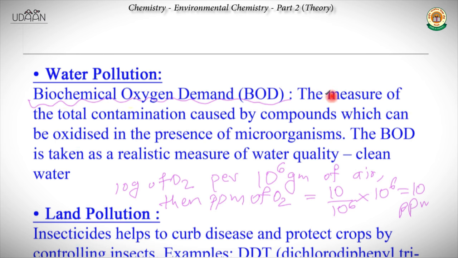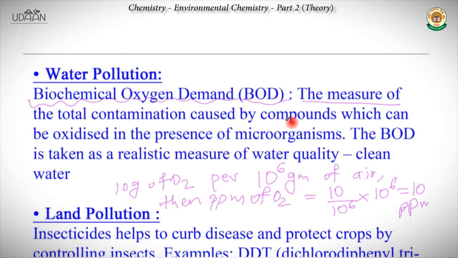Now what is biological oxygen demand? It signifies the demand of oxygen by biological species. It is the measure of total contamination caused by compounds which can be oxidized in the presence of microorganisms.